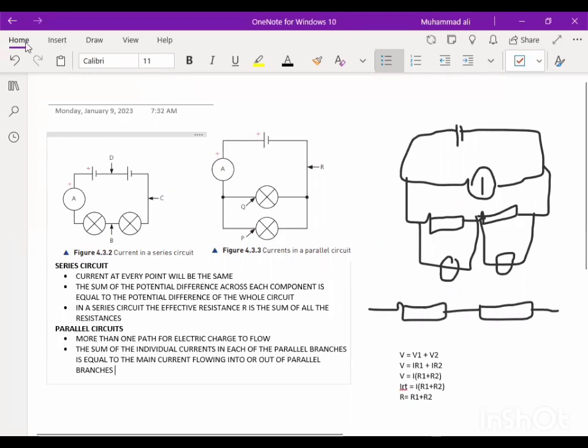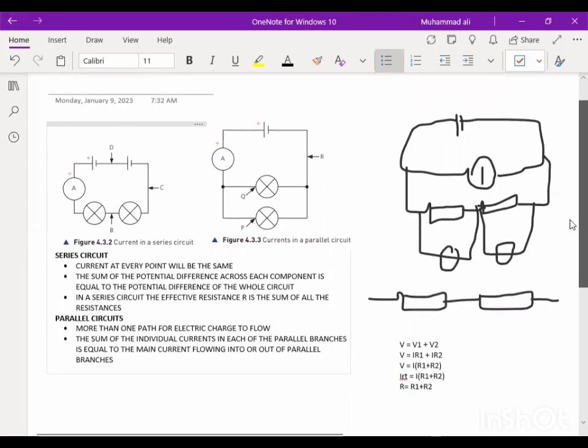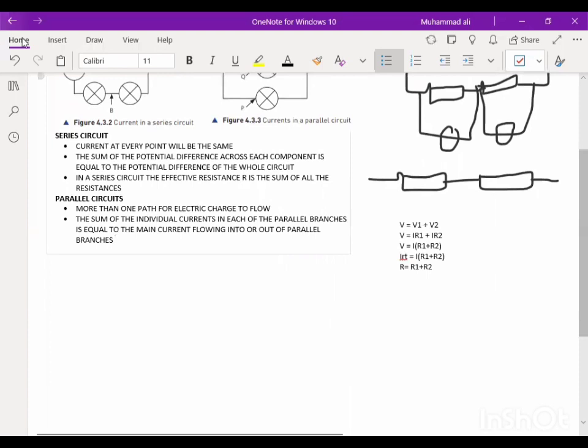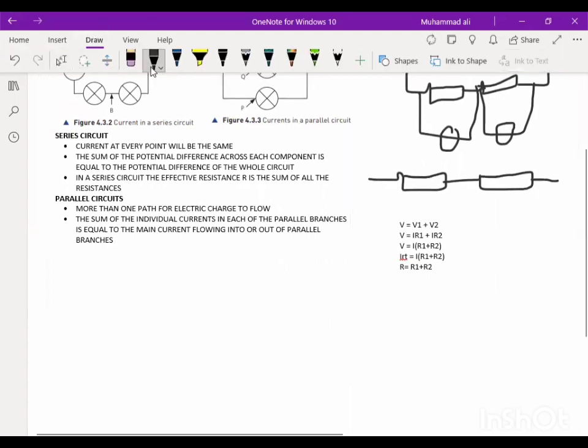Right, so this thing. Now let me explain this. For example, again, I have a power source, and now this time my resistors are going to be in parallel. So one branch here.